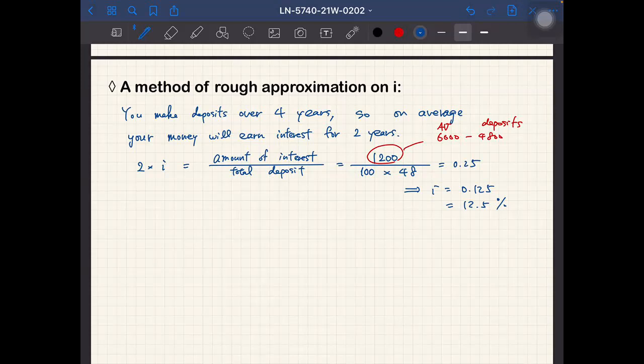Some students really have a good sense of numbers, even better than me, and they make a really close guess to the exact answer. That is a different ability from mathematical ability, but it is also important in finance and actuarial mathematics.